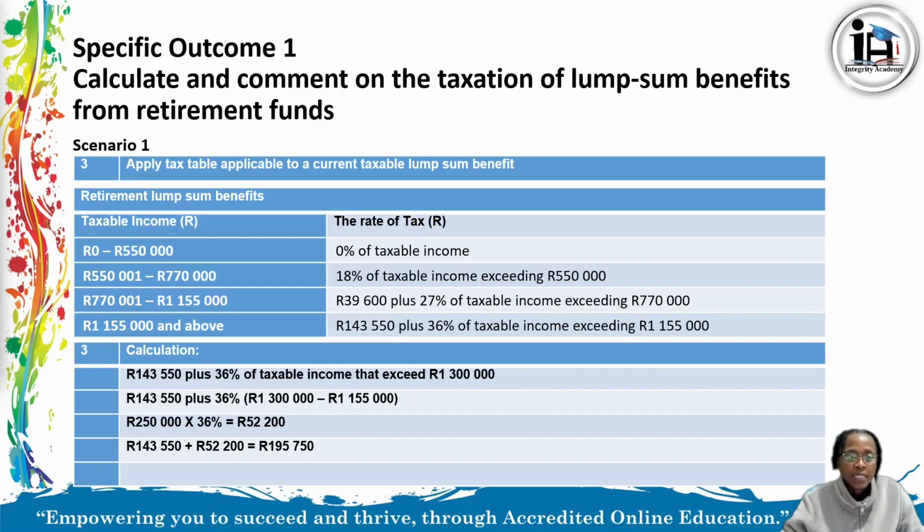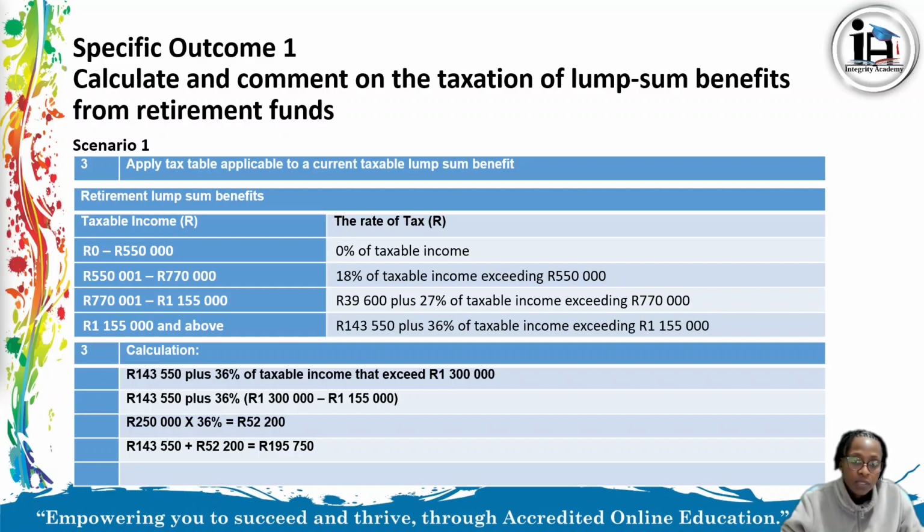Then we apply the tax table applicable to a current taxable lump sum benefit. We will use the last bracket there, since 1,300,000 is above 1,155,000.